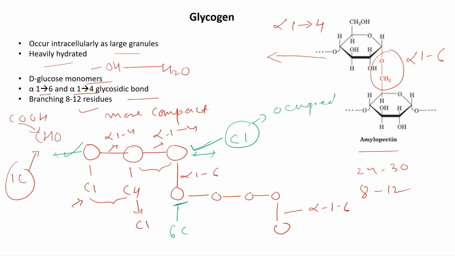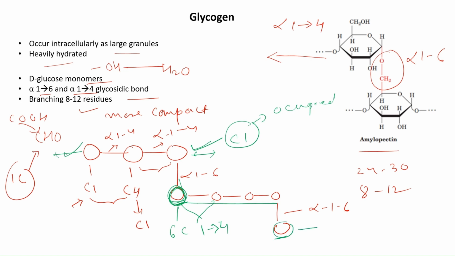Now come here. Here also it is the same. For this glucose, the sixth carbon is occupied and the first carbon is occupied with the next glucose, because here again there is an alpha 1,4 bond. So all the ends are non-reducing because the first carbon is not available. But suppose this is the compound's last glucose.